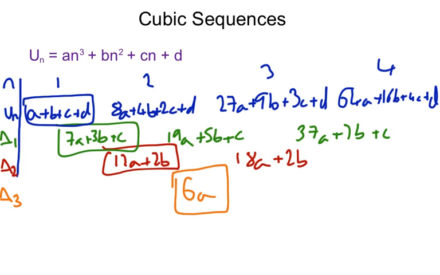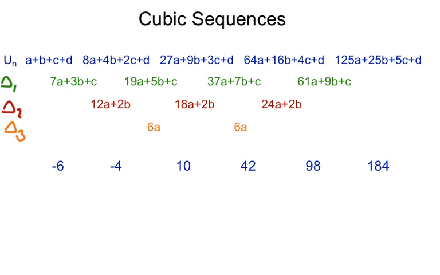So let's have a look at an example. At the top of the screen we've got what we just did, but it goes up to the 5, and you can see that we get 6a appearing twice along the bottom in the third differences, as we would expect. And below that we've got a sequence: -6, -4, 10, 42, 98 and 184.